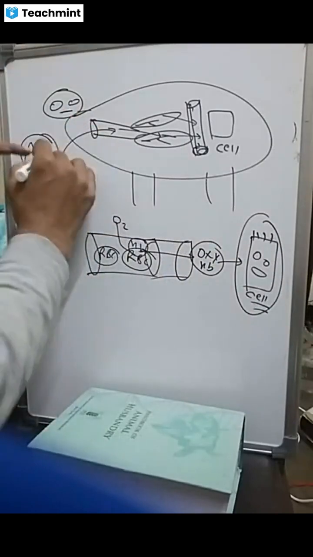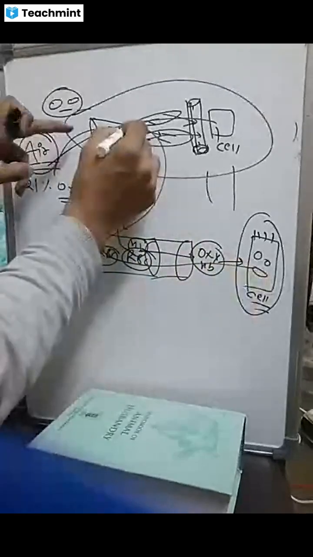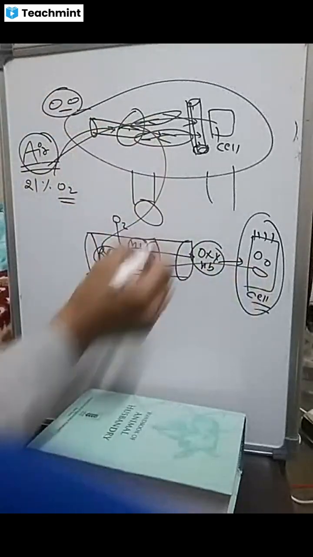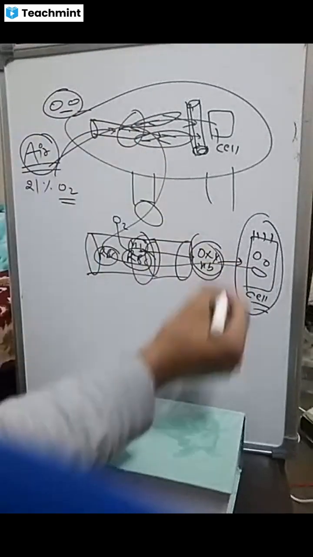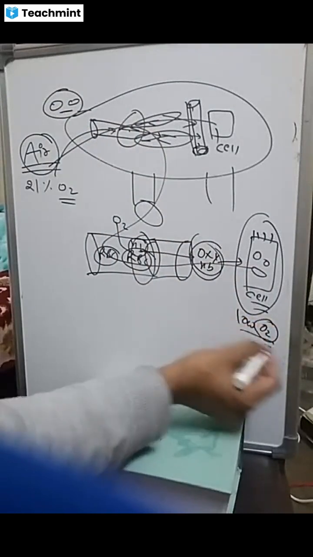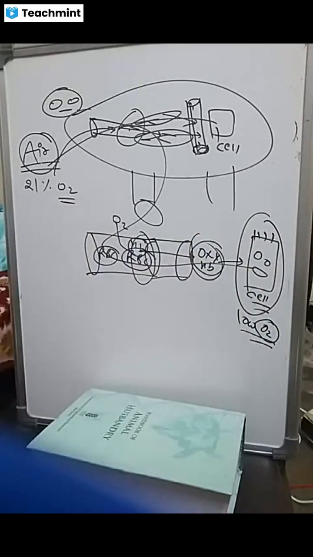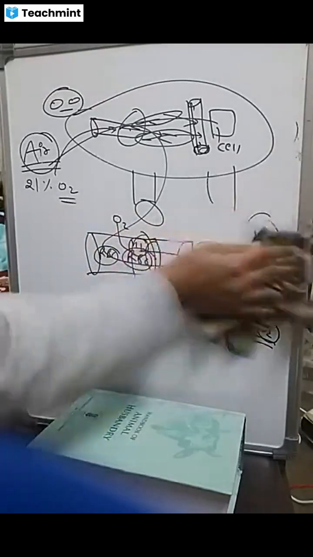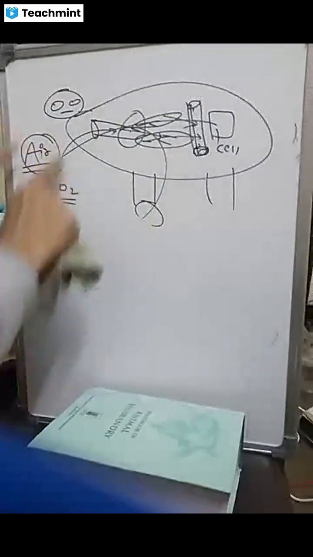So in this path, if there is any disease or deficiency, that may lead to low oxygen reaching the cell. First we'll start with the air itself.